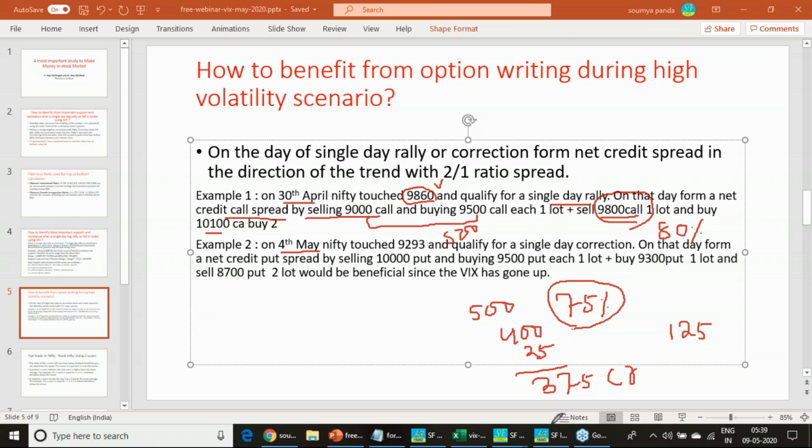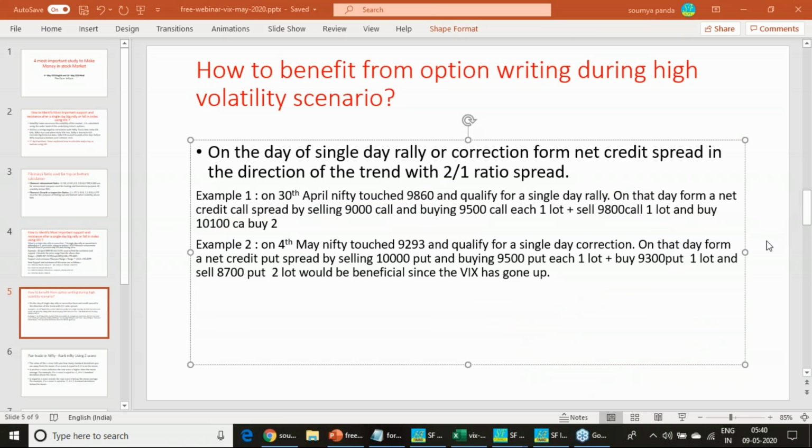For example, I must get a minimum of 375 rupees as credit, 75% of the value. I will accompany this with a 2/1 ratio call spread, provided the selling call option gives me 80% value of the buying call option. If that is the criterion, I take it, or else not.